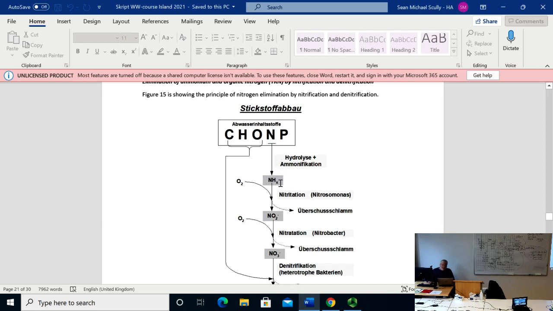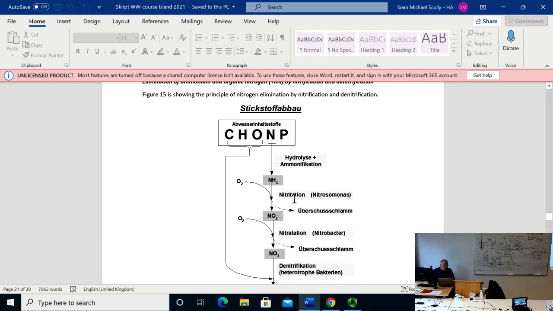The ammonia is split off from the proteins, from the amino acids, because proteins are hydrolyzed into amino acids, and then by deammonification you get the ammonia. But most of the ammonia is already in the inflow from the urine, the Harnstoff, the urea. Urea is already hydrolyzed, and that happens in the sewer.